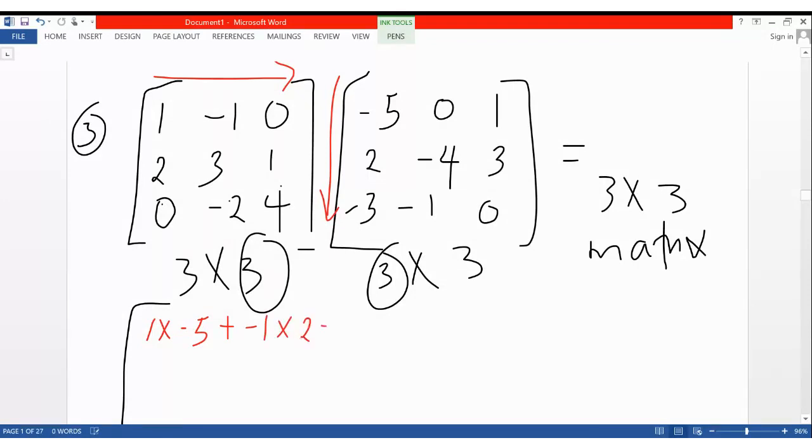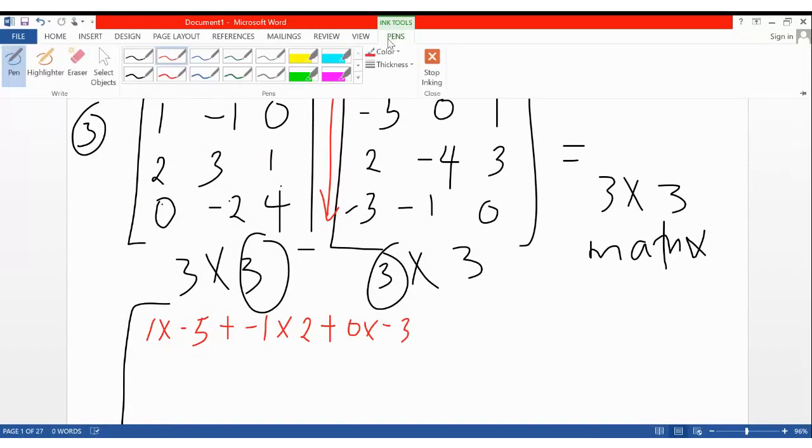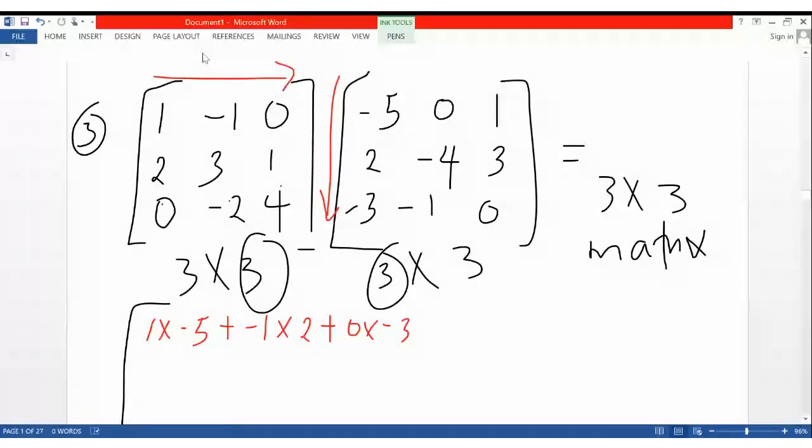That's the first entry. The second entry, this is what I'll have: 1 times 0, plus 1 times 0, plus negative 1 times negative 4, and then 0 times 0 plus 0 times negative 1.